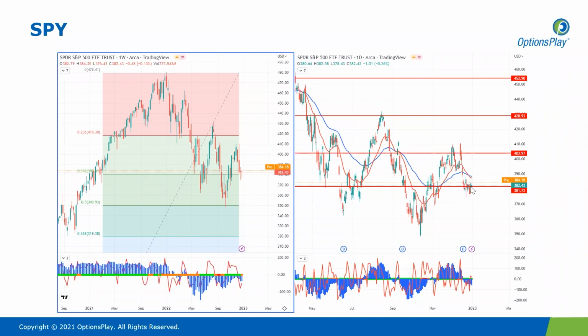But overall a good bit of consolidation over the last couple of weeks. Price is set to open a little bit higher this morning. Looks like we are starting the year off in a more risk on tone. Let's see how long that lasts for, because our view for 2023 is going to be somewhat turbulent.